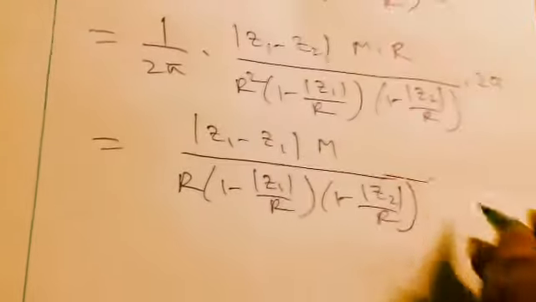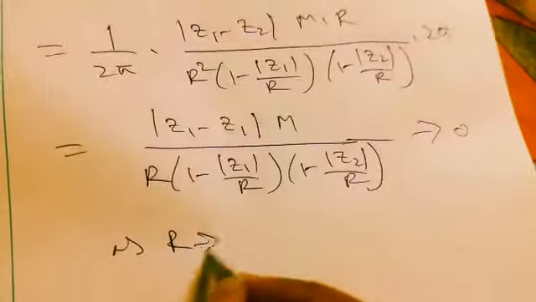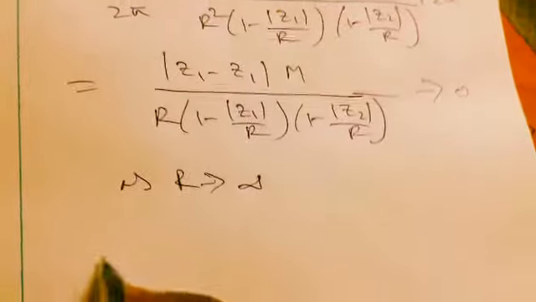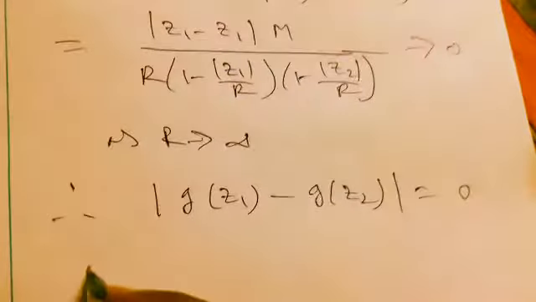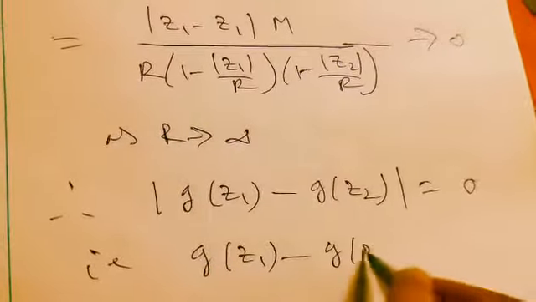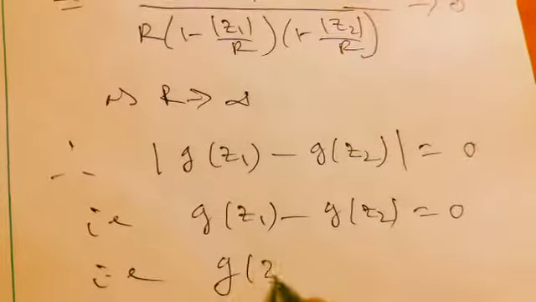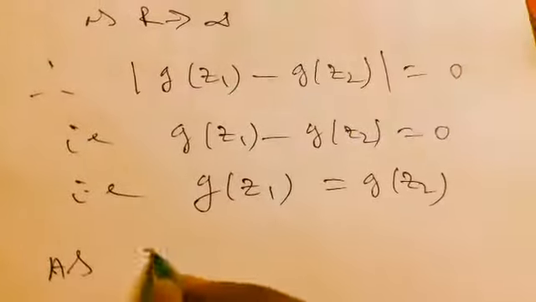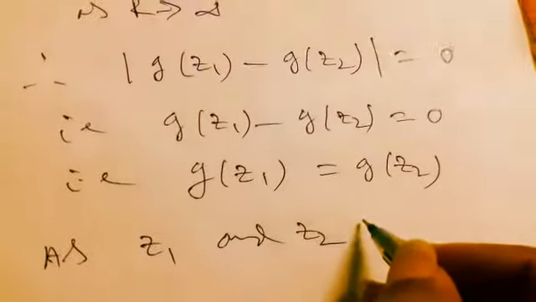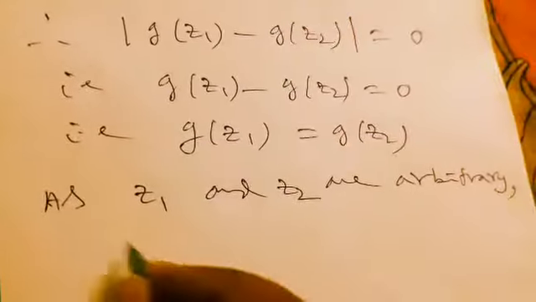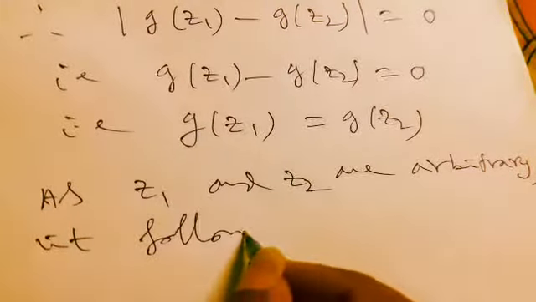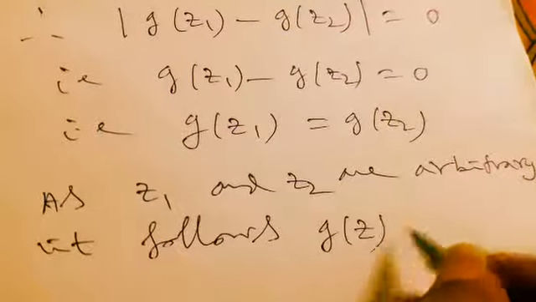which tends to 0 as R tends to infinity, that is a very, very large radius, and therefore we can say that mod of g(z1) minus g(z2) is 0, that is g(z1) minus g(z2) equals 0, that is g(z1) is equal to g(z2), and as z1 and z2 are arbitrary, it follows g(z) is constant.